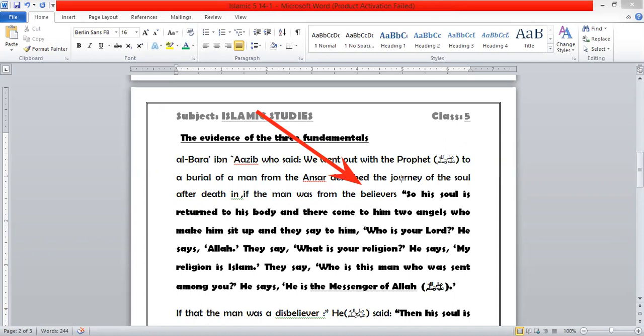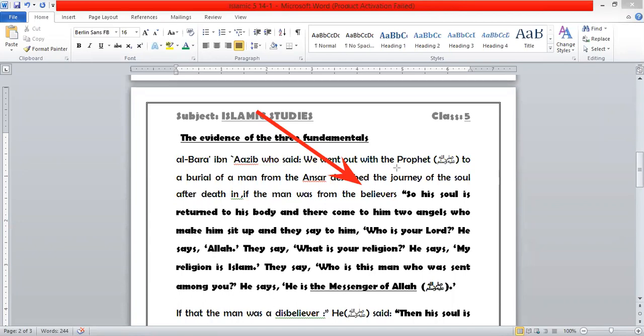So, when the person is buried in the grave and the people leave, moving outside towards the gate of the graveyard, and when they reach near the graveyard, the angels come inside the grave of that person.